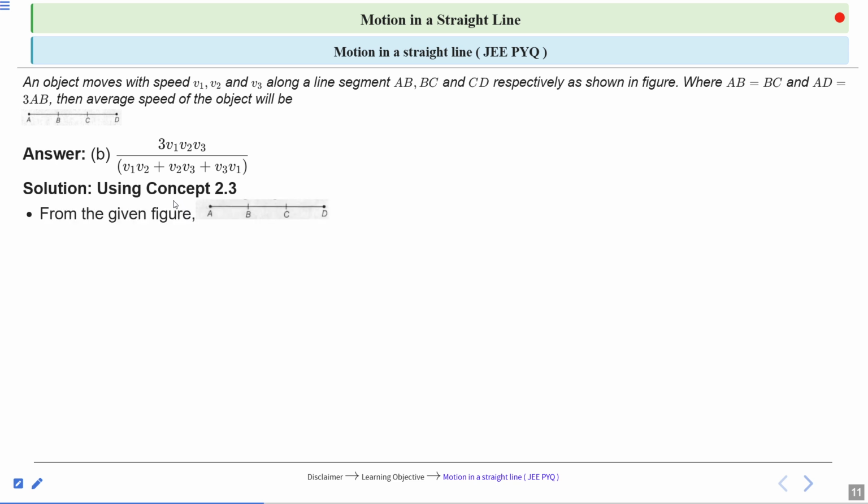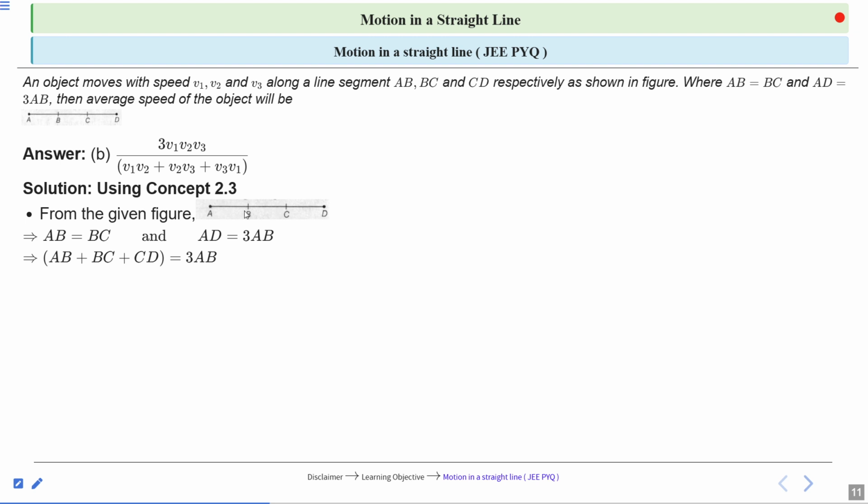So from the given figure, AB, BC, CD are the line segments. So according to the question, AB equal to BC and AD is equal to 3 times of AB. Listen carefully: AD equal to 3 times of AB.